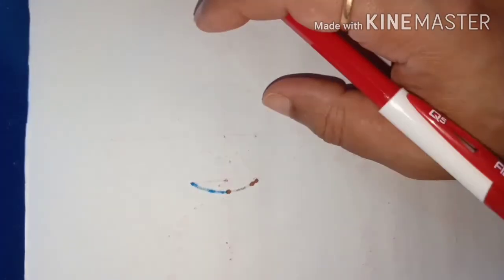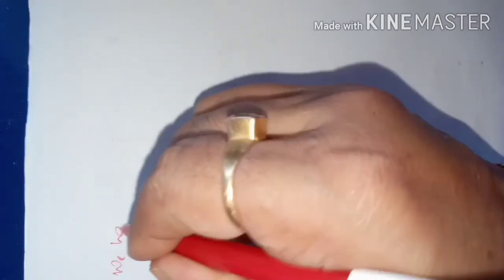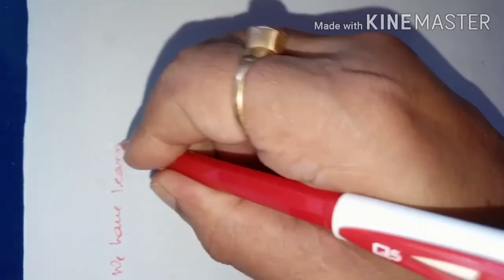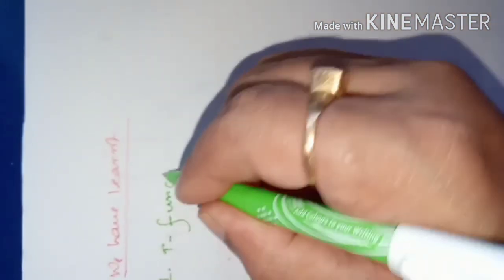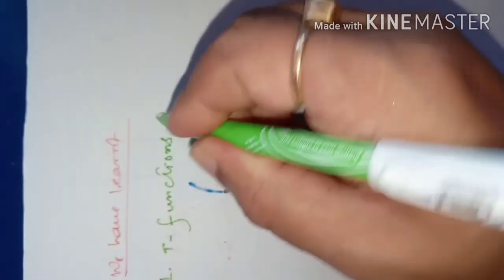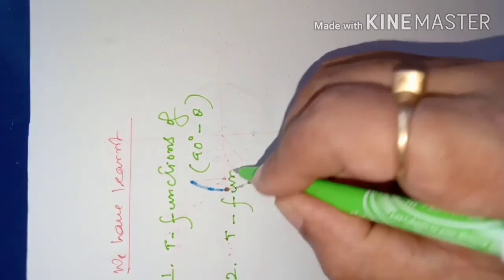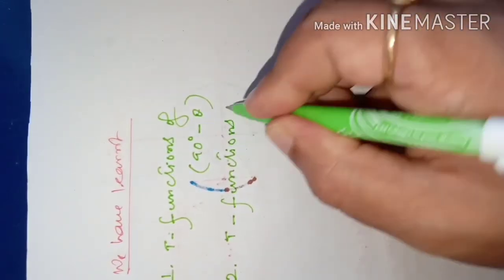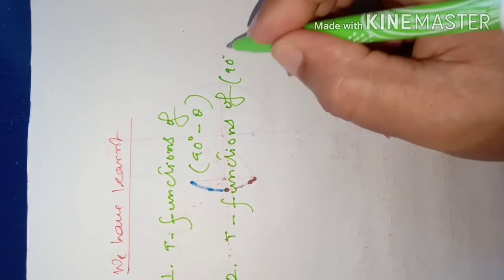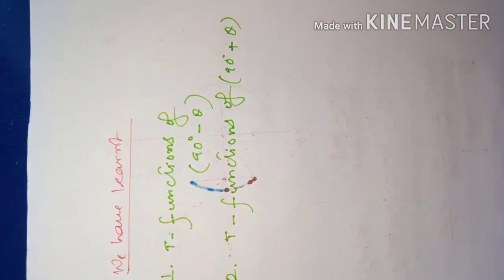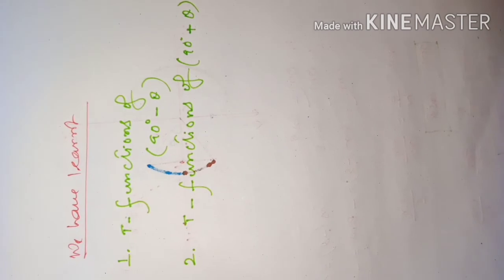Just now we have learned what the points are. One thing is t functions of 90 minus theta. Secondly, we learned t functions of 90 plus theta. Now I am going to teach you t functions of 180 minus theta, means pi minus theta.